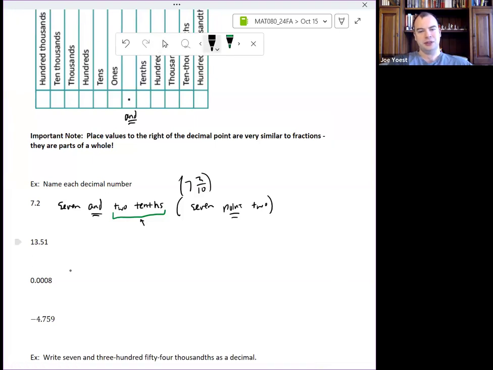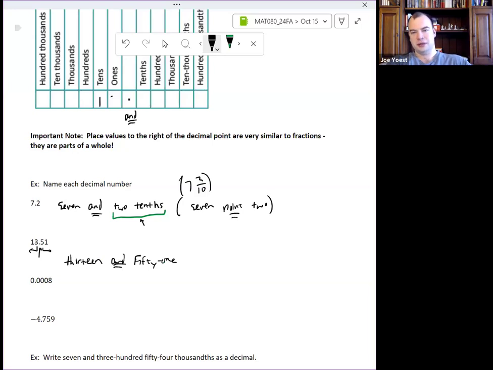Okay, so let's look at this one. 13.51. So we look at the number to the left of the decimal point. That's 13. The decimal point we say "and", and the number to the right of the decimal point is 51. And that's 51 of what?